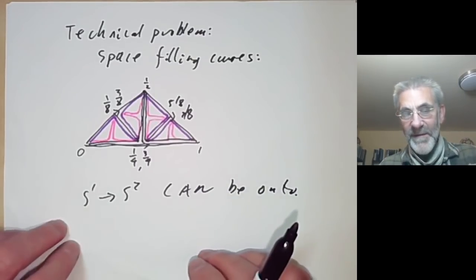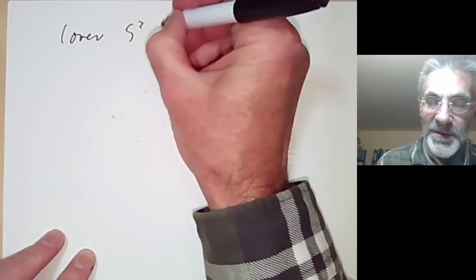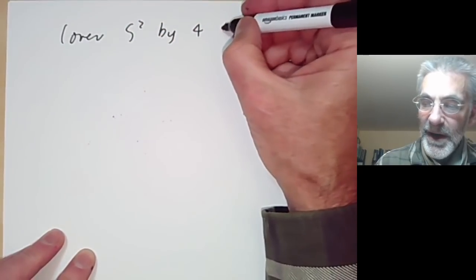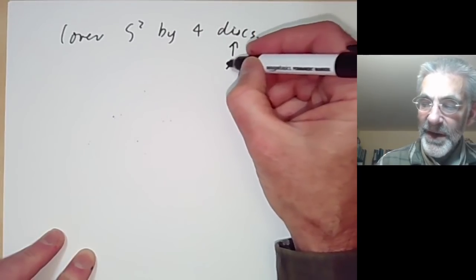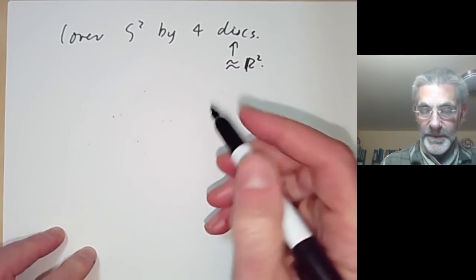Well, this isn't very difficult because we can just sort of shift it a little bit so that it's not onto. So we can cover S2 by, say, 4 disks, and each of these disks should be isomorphic to R2.